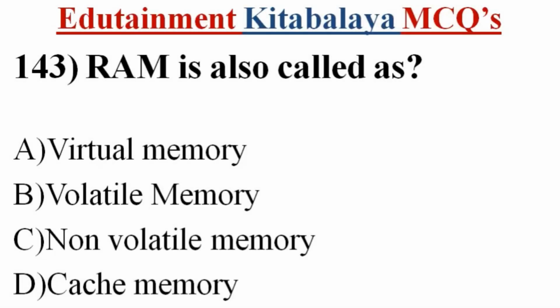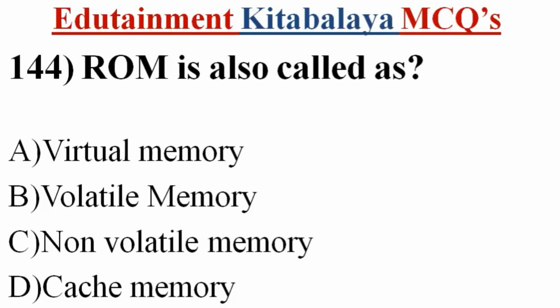Question number 143. RAM is also called as A. Virtual memory. B. Volatile memory. C. Non-volatile memory. D. Cache memory. Correct answer is B. Volatile memory. Question number 144. ROM is also called as A. Virtual memory. B. Volatile memory. C. Non-volatile memory.